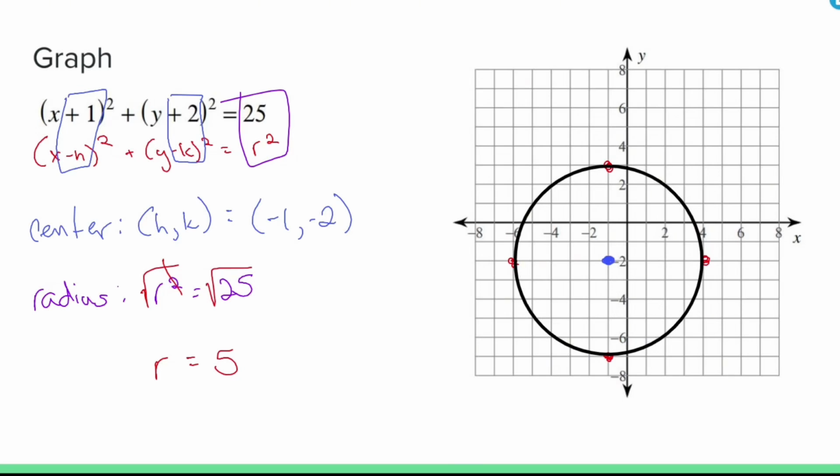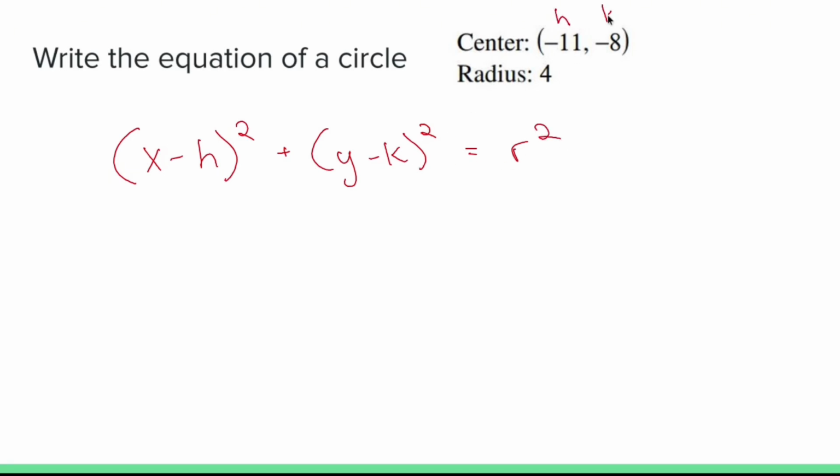Write the equation of the circle whose center is (-11, -8) and whose radius is 4. Well, this is obviously a circle with a center not at (0, 0), so I'm going to write out the formula: (x - h)² + (y - k)² = r². My center is my h and k. My radius is my r.